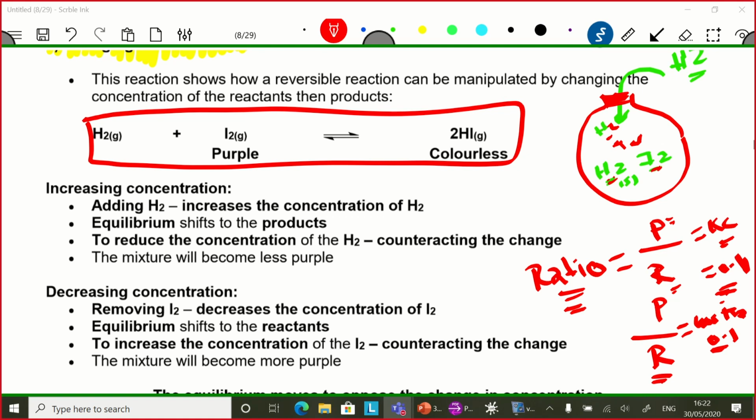So what's going to happen? The system is going to need to respond back to return this ratio back to 0.1. How is it going to respond to make it 0.1 again? By increasing the amount of the product and decreasing the amount of the reactant.